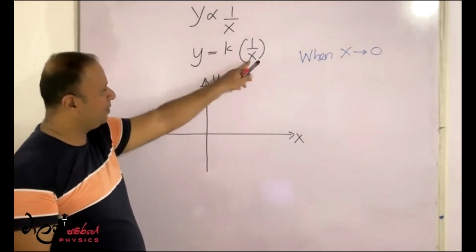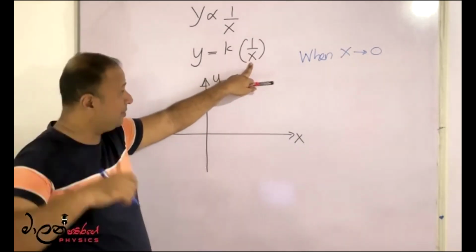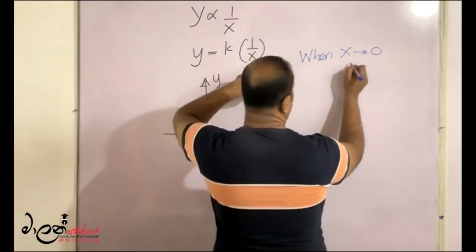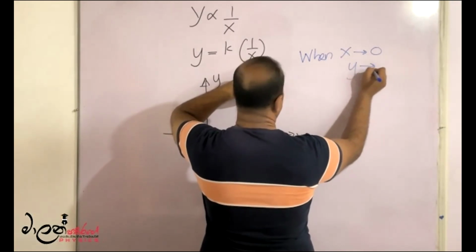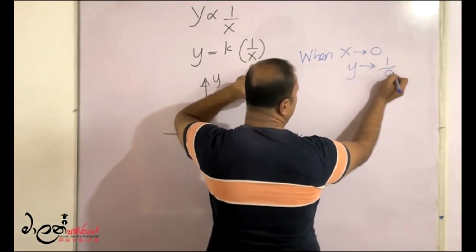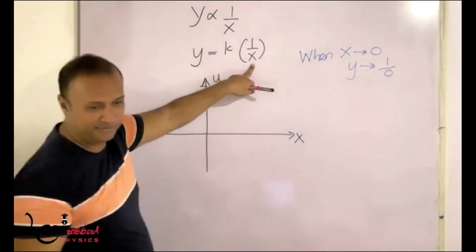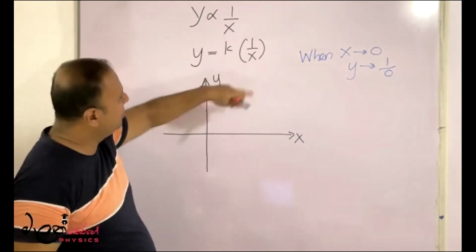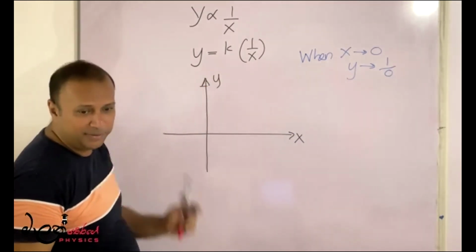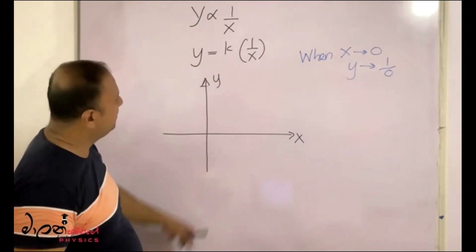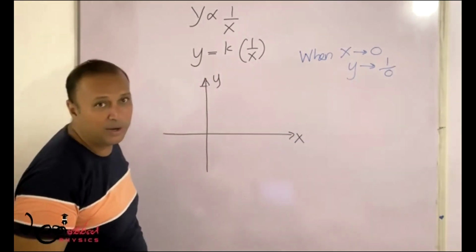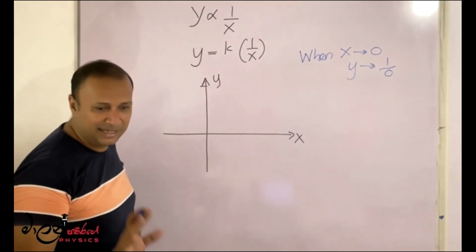X is 0, so y goes to 1 over 0. Is that clear?